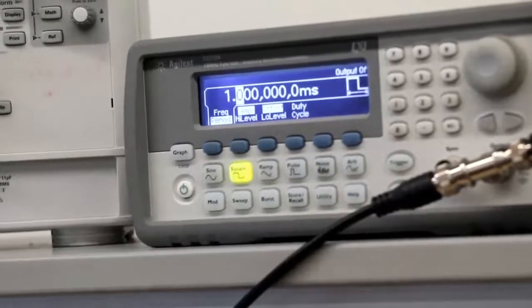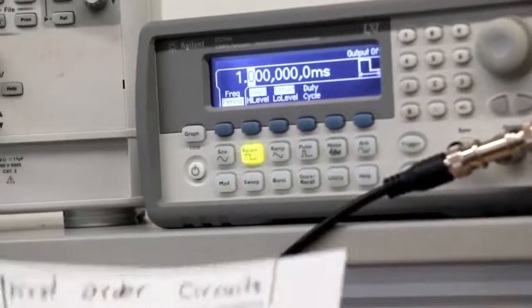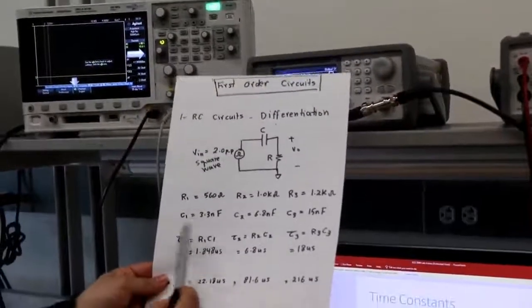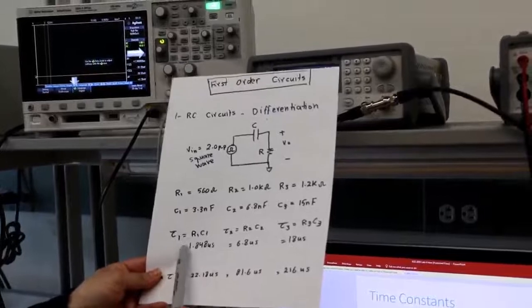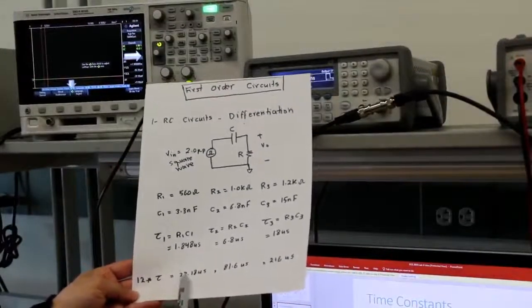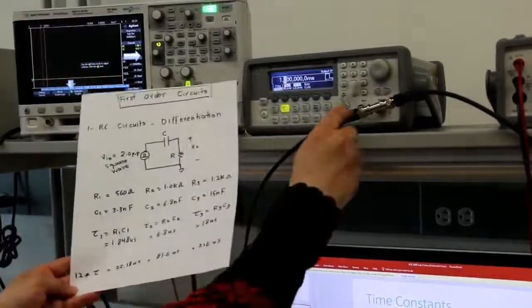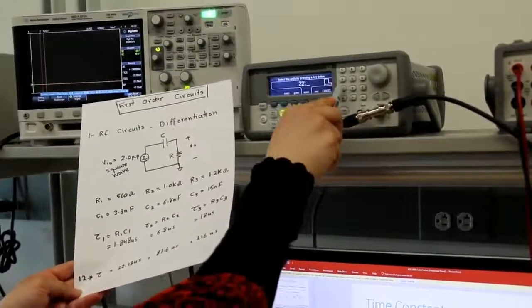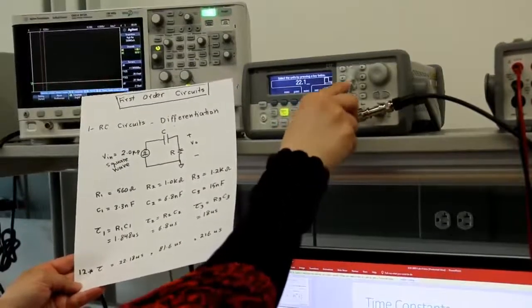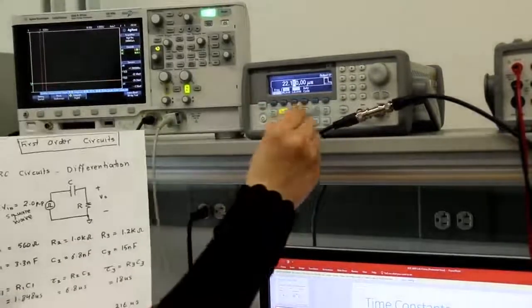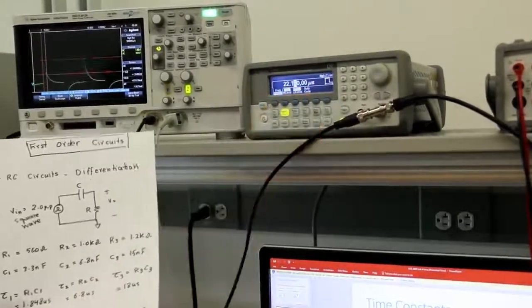For the first circuit, R is 560, C is 3.3 nanofarad, so tau is R times C, 1.8 microseconds. 12 times tau equals 22.18 microseconds. And then apply signal.